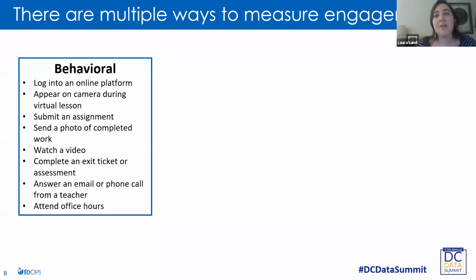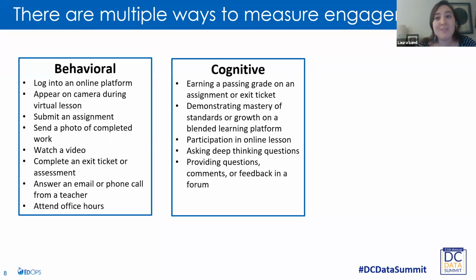These are things like logging into an online platform or attending a virtual lesson, watching a video, completing an assignment or submitting an assignment, doing something to indicate that you are actively participating in your schooling that day. That's our first category. But it's not the only category through which we can view engagement.